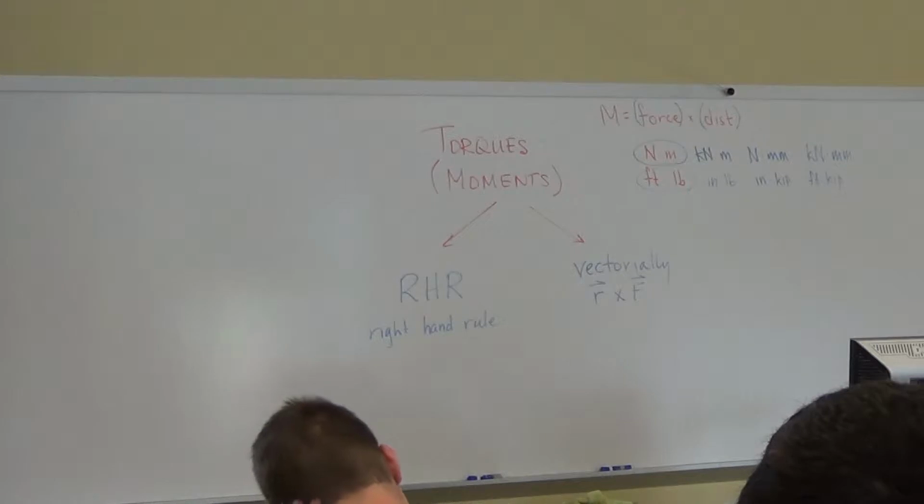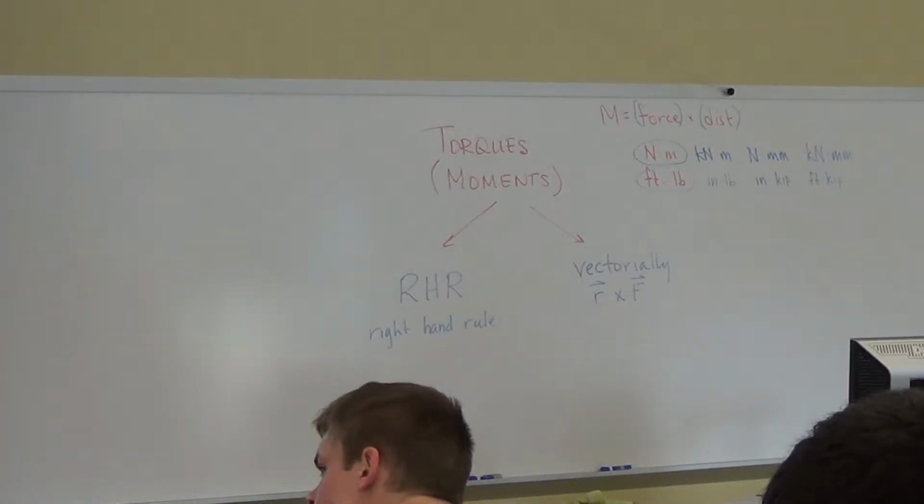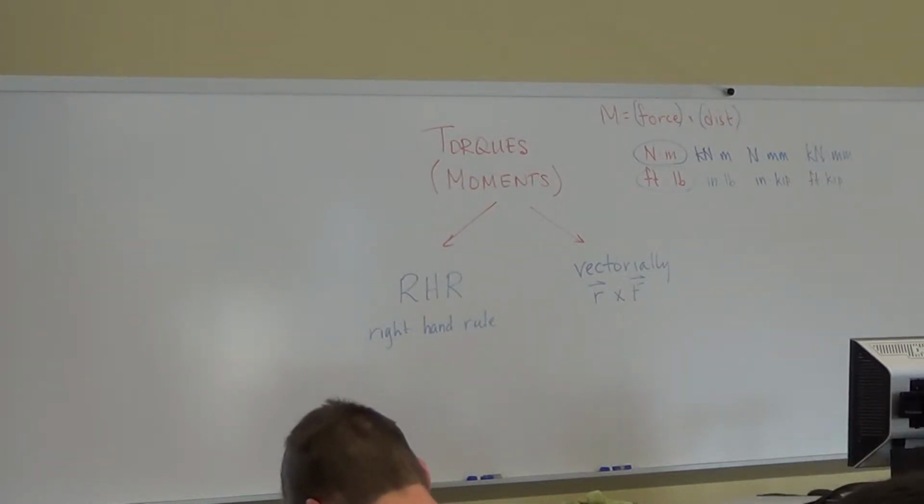Some of you put your fingers in the direction of the lever arm, the distance, and then you put your palm towards the direction of the force. Either one would work, but I'm always going to do it because to me, what's the most important is the force. We're talking about statics.